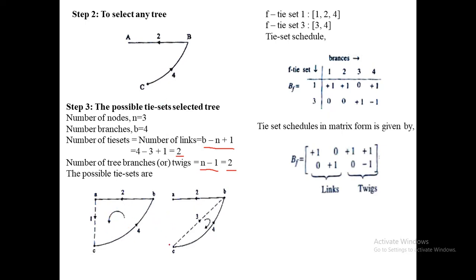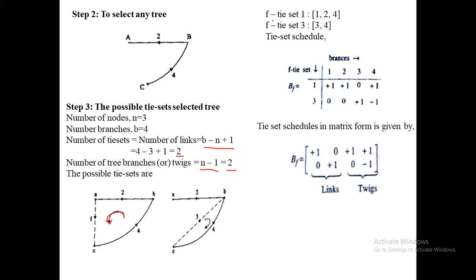Next, this 3 branch is connected. It forms another closed path. Here in this link direction we have to put the loop direction. Here this link direction is downwards. We have to put the downward direction. In this second tie set loop, here this 3 is upward direction. For that we have to put this as clockwise direction.